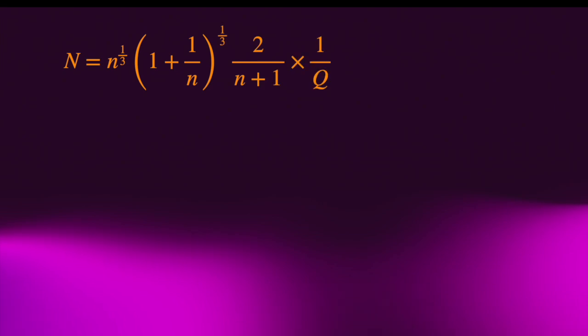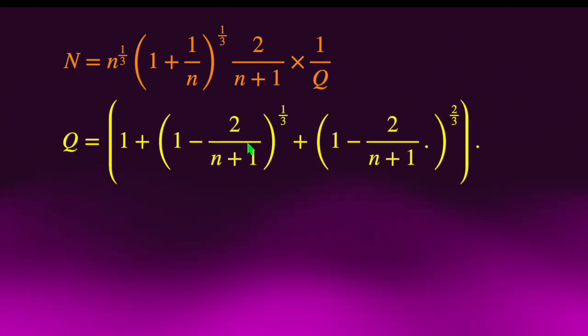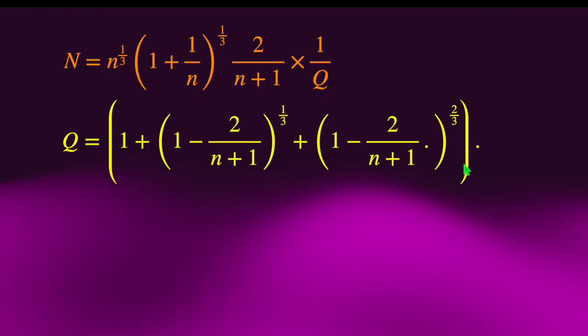And for the numerator, we get this expression where q is this quantity. We have this 1 over q, and we get this.